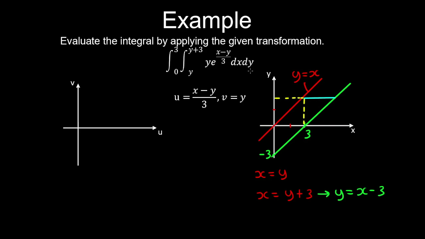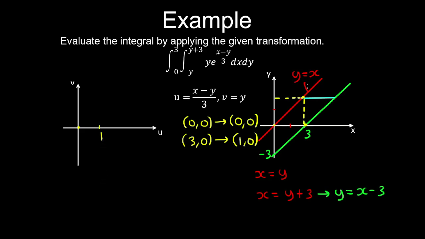So from this, we can draw our region in the UV plane using this transformation. So when x equals 0 and y equals 0, u equals 0 and v equals 0. So that's our first point. And at this point, x equals 3 and y equals 0. So u equals 1 and v equals 0. So that's our next point in the region.